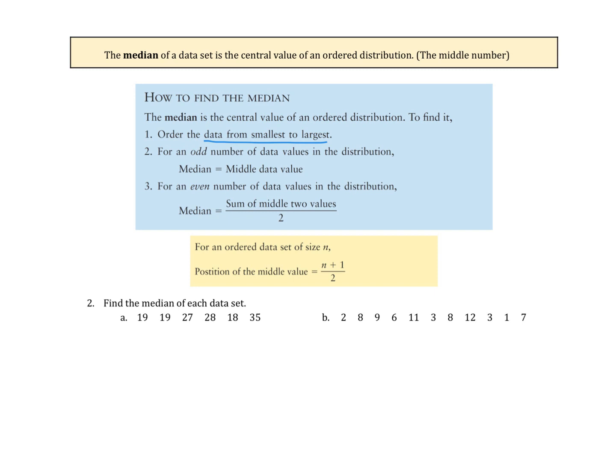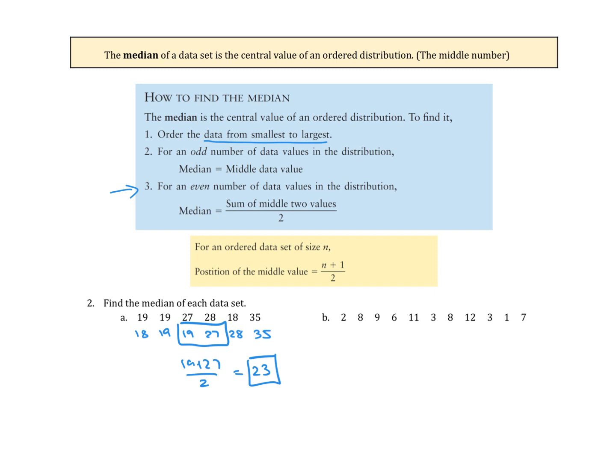Now, if you have an even number of numbers, there are going to be 2 middle numbers in your distribution, and you're going to have to take both middle numbers, add them together, and divide by 2. You're basically finding the mean of your 2 middle numbers. In this case, our 2 middle numbers are 19 and 27. So I add them together and divide by 2, and I get 23.